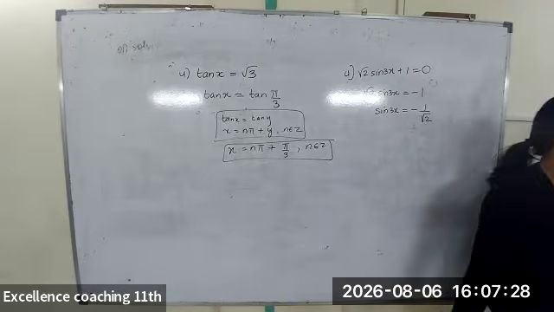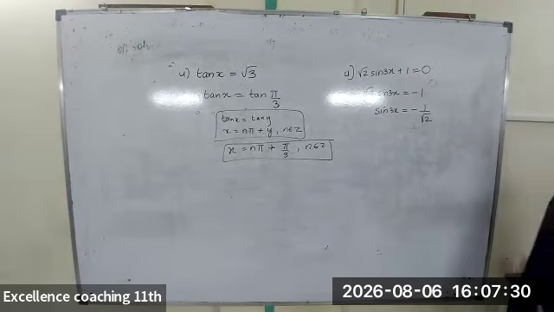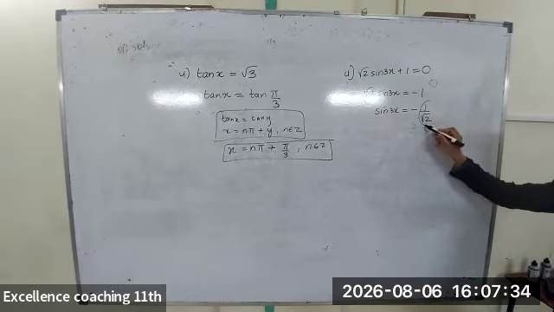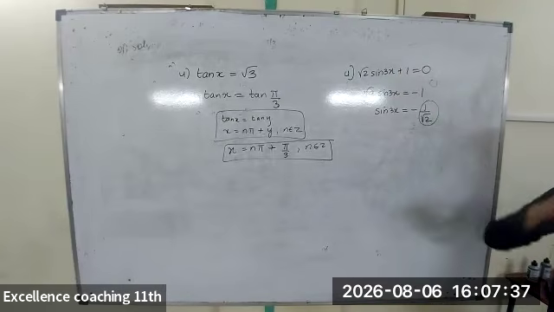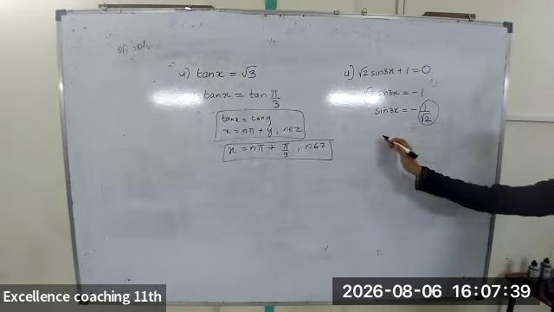In this step, now again, this doesn't belong to set 1, so it is set 2. Sine of which angle? 1 by root 2, 45. Pi by 4.